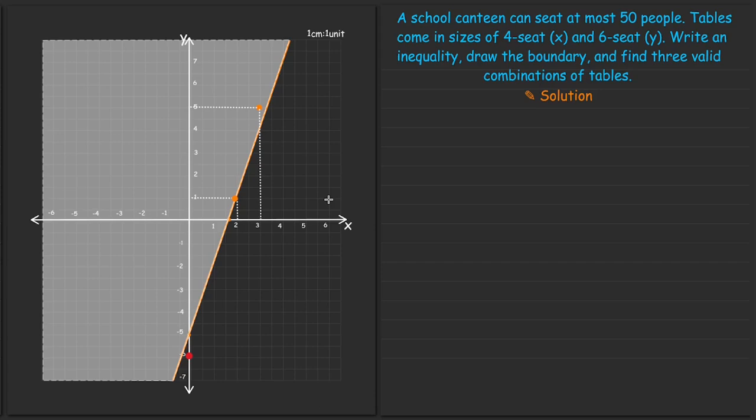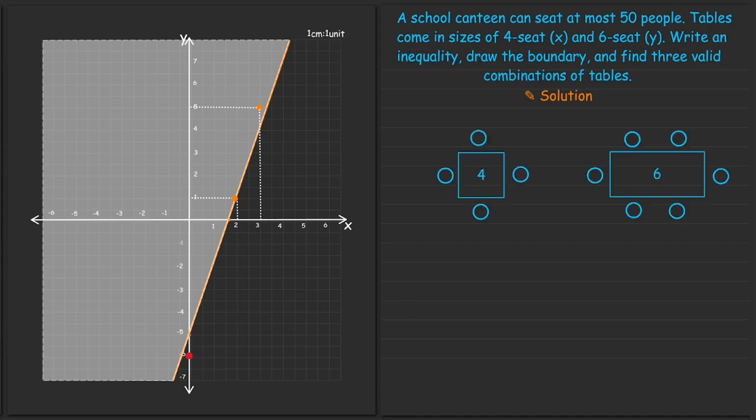Tables come in sizes of 4 seats and 6 seats. Write an inequality, draw the boundary, and find 3 valid combinations of the tables. This is an example of a practical use of inequalities.